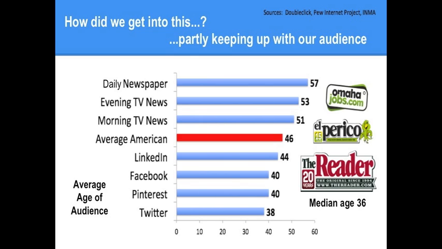When you look at your online audience, LinkedIn, Facebook, Pinterest, Twitter, you drop down into your 40s. The Reader, being 20 years old, has an audience with a median age of 36. So part of this was keeping up with our audience, but really it was keeping up with our advertising customers' needs.